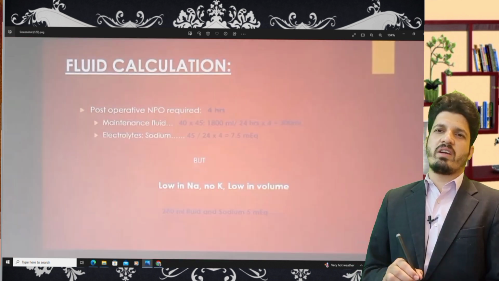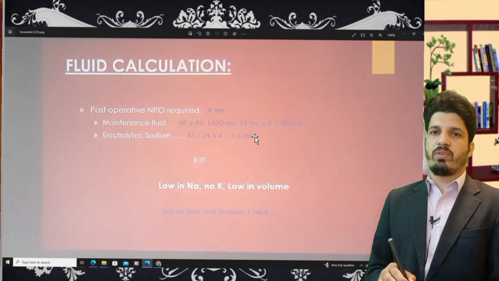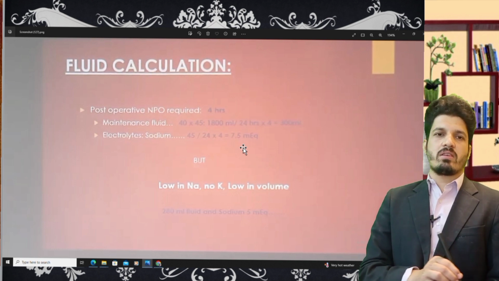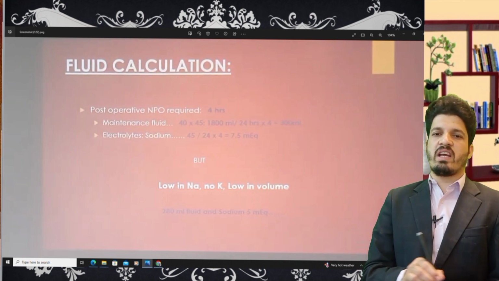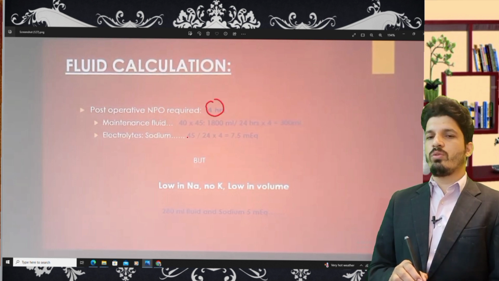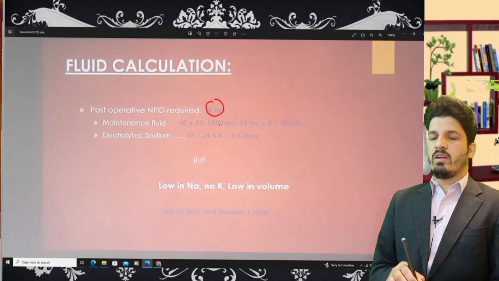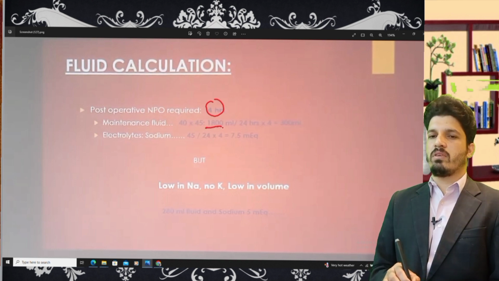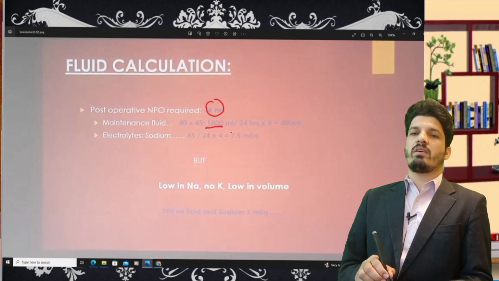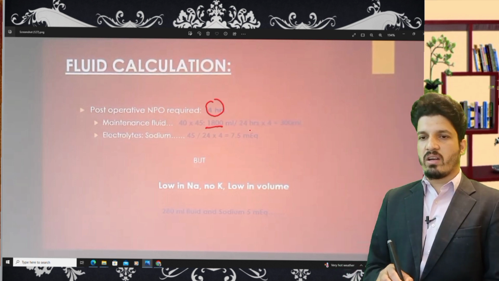Now we have been asked to calculate the post-operative fluid. For that purpose you must know the duration of NPO. In this case we will keep the patient NPO for 4 hours. Okay, and the maintenance fluid is the weight into 40, definitely it will come to 1800, and it's for 24 hours, and we will divide it by 24 to get the fluids in 1 hour.